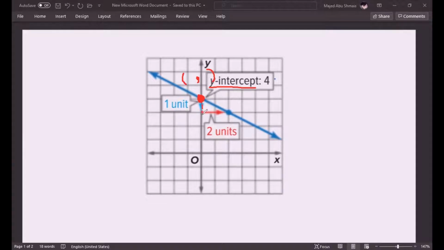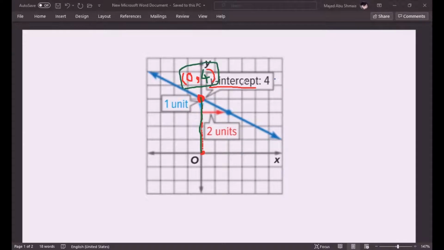We can see that the projection of this point on the x-axis passes through the origin, so its x coordinate is 0, while for its y coordinate, we can count upward like this: 1 square up, 2, 3, 4. So it's (0, 4). Okay, this is the coordinate of the y-intercept.